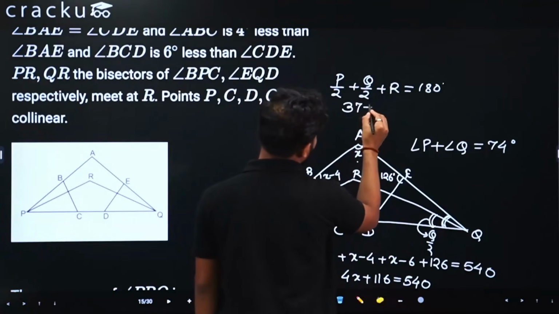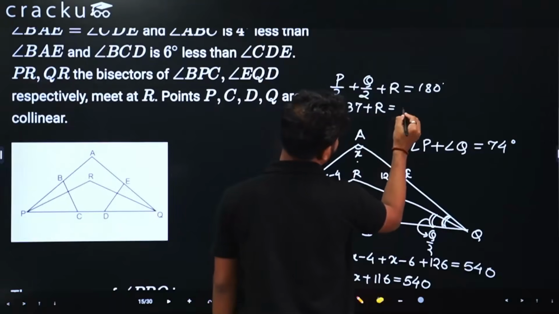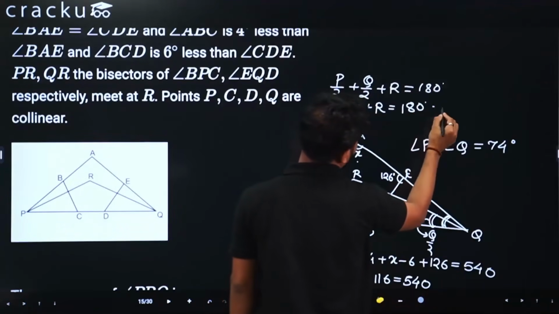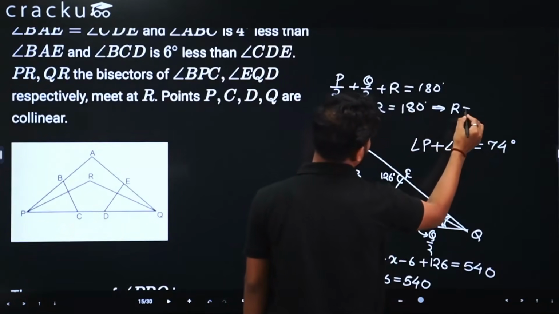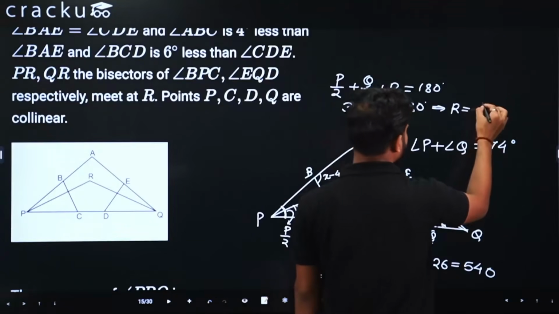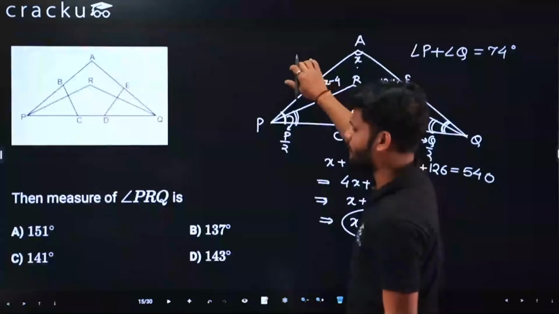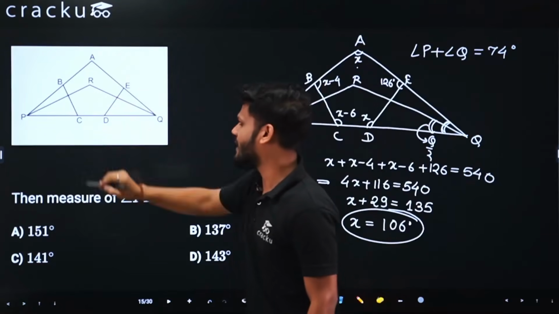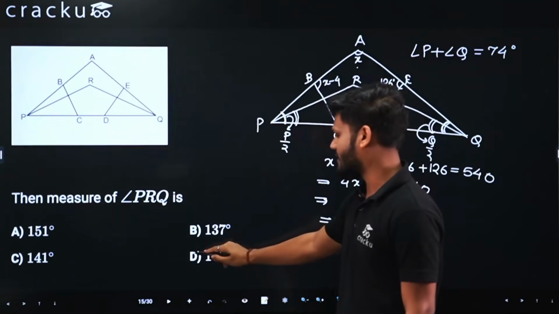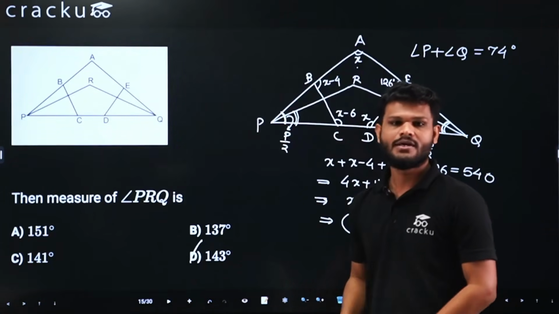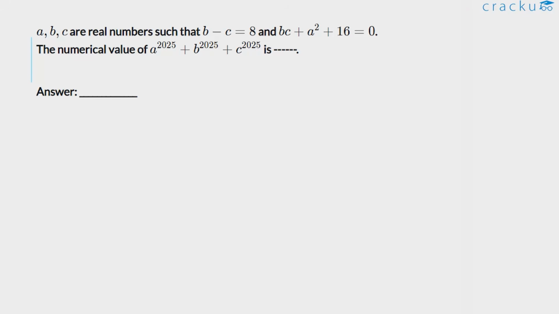So 37 plus R is equal to 180 degrees. From here you get R equal to 180 minus 37, which is 143 degrees. You need to find R only, PRQ. It is 143 degrees, which is given in option D. So option D is the correct choice here.